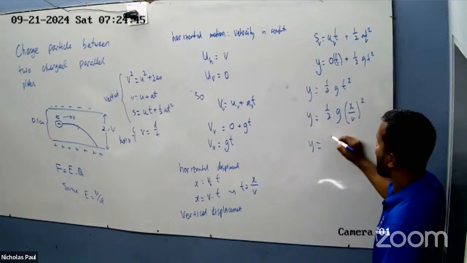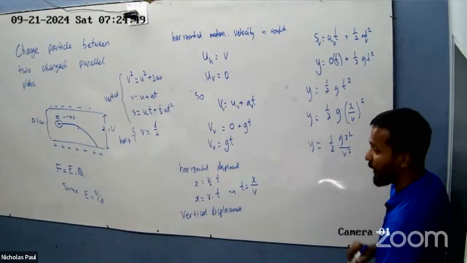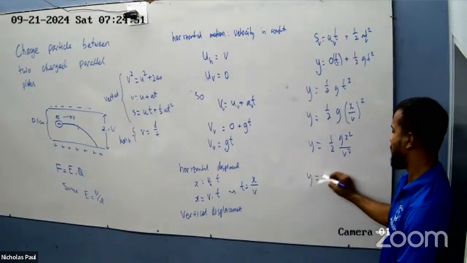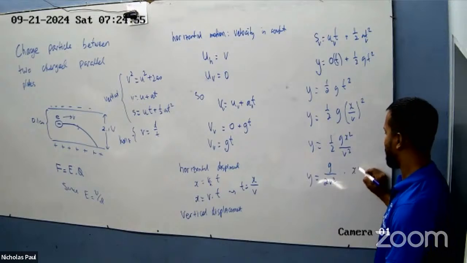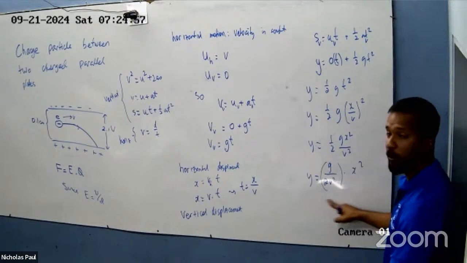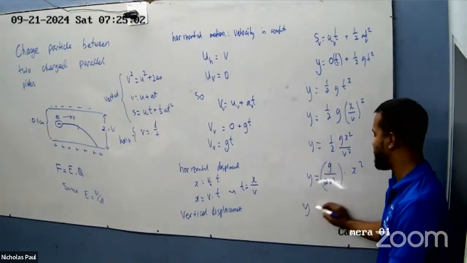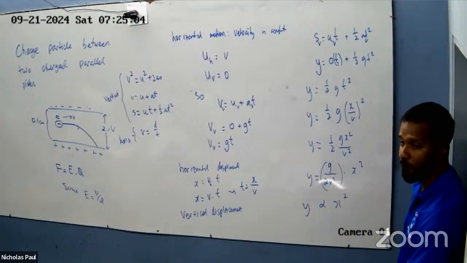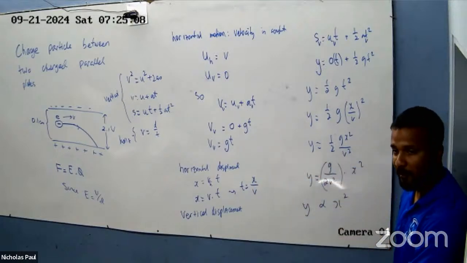So y is equal to half g x squared all over v squared. What does this whole thing show? This shows that the path is parabolic because y is proportional to x squared. So we're able to show that the path is parabolic.